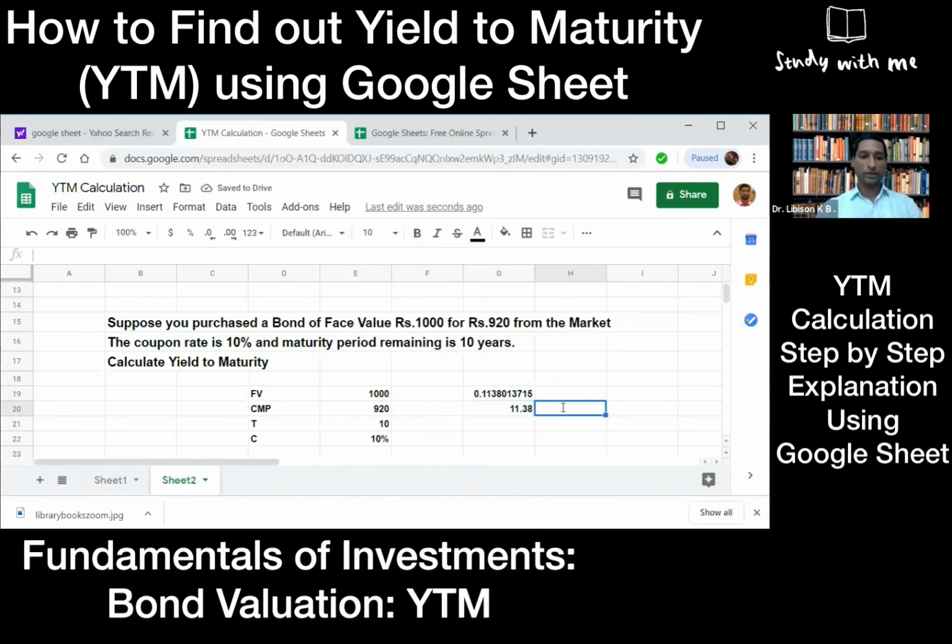So your YTM of the bond in this problem is 11.38%. I hope you were able to understand how I solved it using Google Sheet. So this is very easy when compared to solving it using the formula. Okay, thank you.